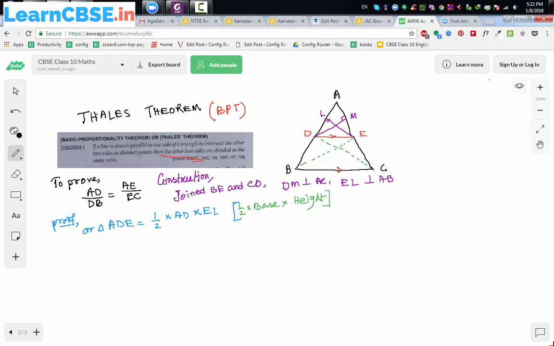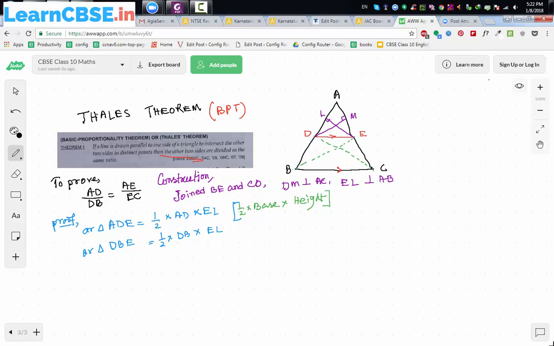Now, the area of the triangle DBE will be half into DB into EL. For this DBE, we got the area as half into DB into EL.